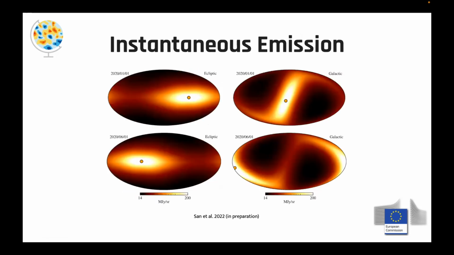And so there's a lot of other stuff you can do with ZodiPy. I'm not going to go into all of that, but you can make so-called instantaneous maps, which is essentially what does the zodiacal emission look like on a particular day. And so here are 2 maps in ecliptic coordinates with the sun as an orange dot. This is 6 months apart, and here in galactic coordinates.